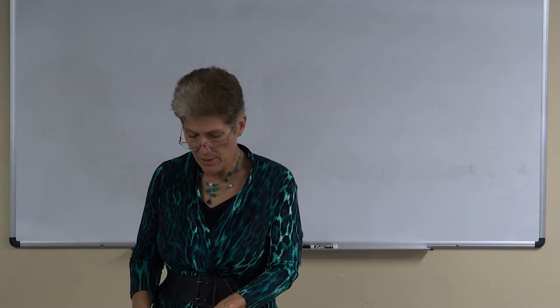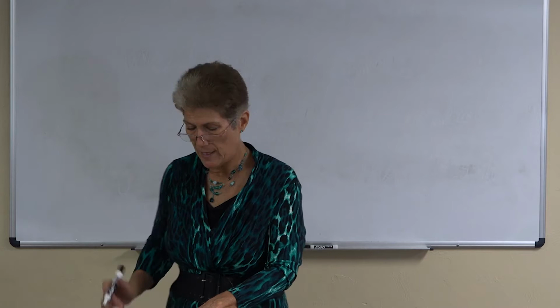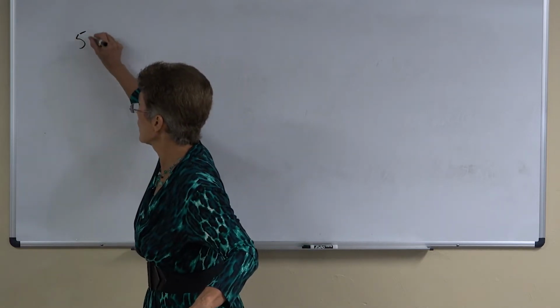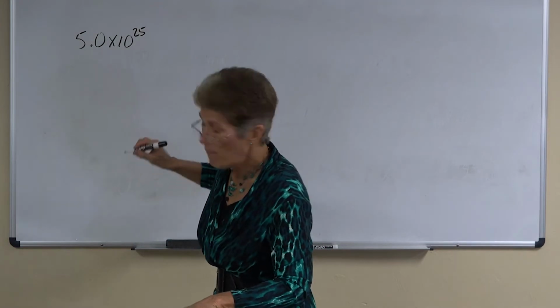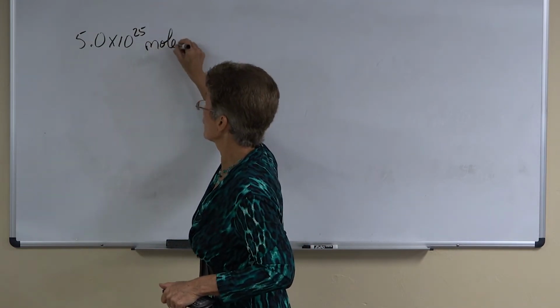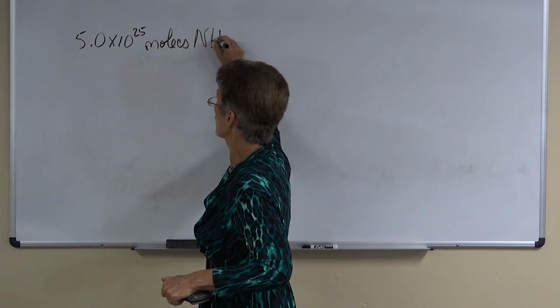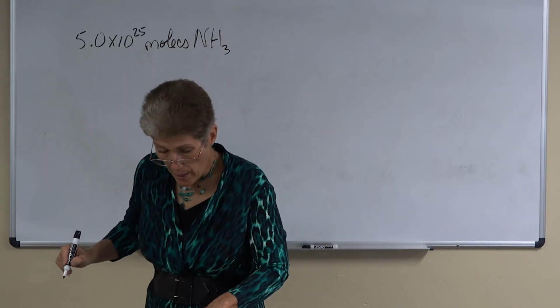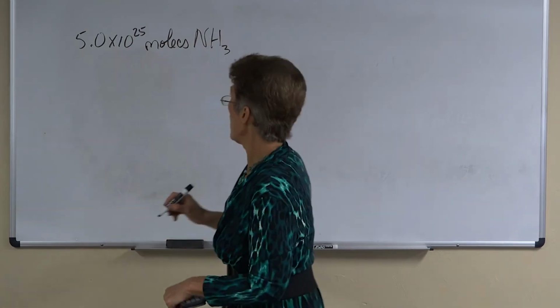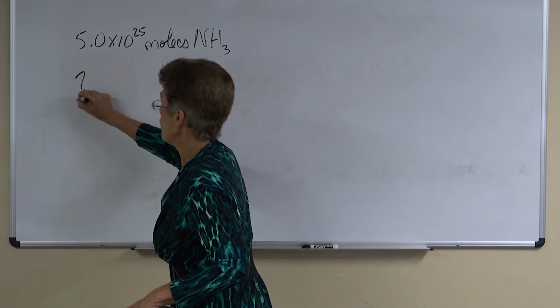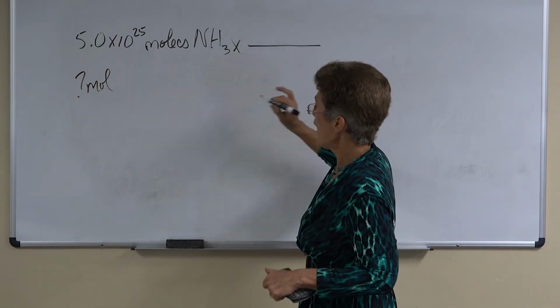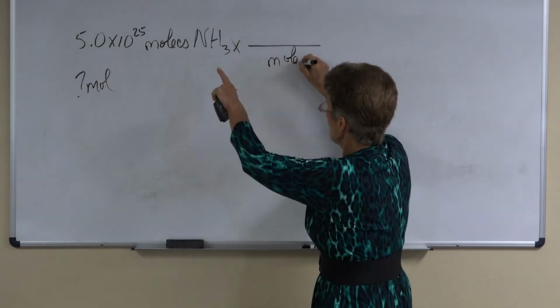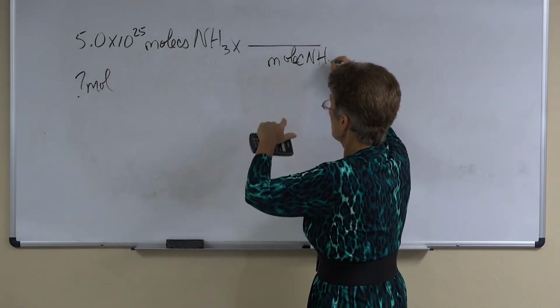Number 5, a chemist has 5.0 times 10 to the 25th molecules of ammonia. And he wants to know how many moles that is. So I'm going to go times line. And I know that whatever is here has to go here on the bottom.